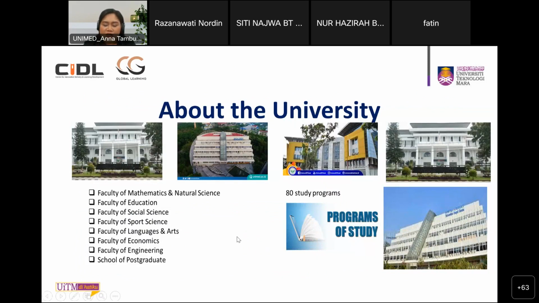It is one of the most prestigious state universities in North Sumatra. This is demonstrated by several accomplishments attained by UNIMED, Universitas Negeri Medan, both institutionally and through student representatives. There are 80 study programs under 7 faculties and a postgraduate school.